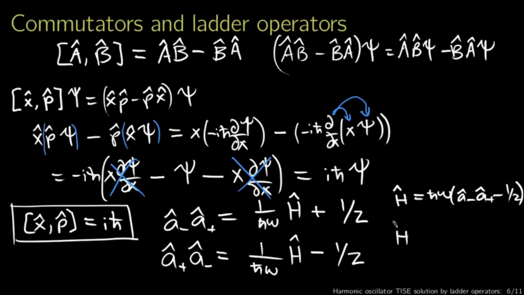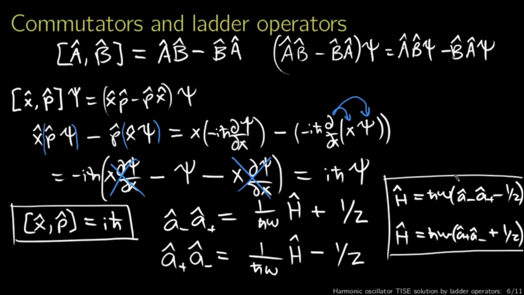Or alternatively, the Hamiltonian is equal to h bar omega times a plus a minus plus a half. So these are the sorts of things that we got from our operator algebra after attempting to factor the Hamiltonian. That was pretty clever, but it didn't actually get us a solution. It just got us a different expression of the problem.